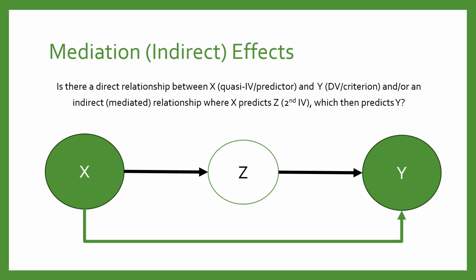Or does work group diversity influence openness of group members, which would be Z, which then influences creativity? So that would be an indirect relationship. If that green arrow wasn't significant and only the black arrows were, that means that diversity leads to openness, which then leads to creativity, but there's not a direct relationship between diversity and creativity, is what that would suggest.